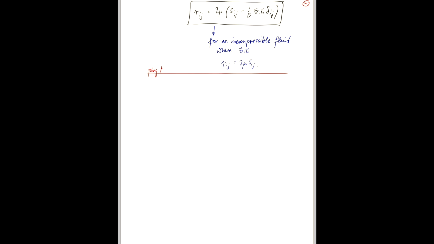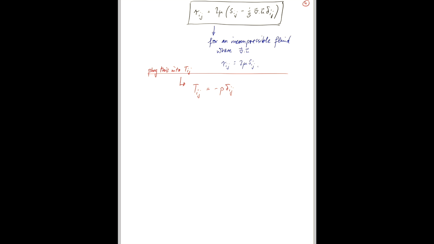Plug this into our expression for T_ij. So we had the stress tensor as a sum of the isotropic P component and the non-isotropic deviatoric stress tensor. And so now we have T_ij is just minus P delta_ij, nothing changes here.